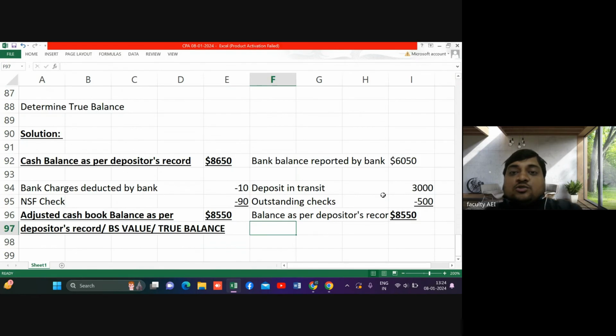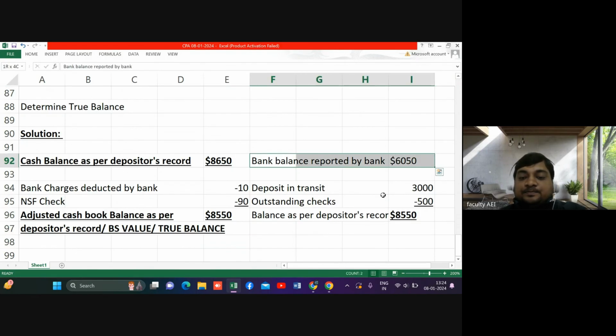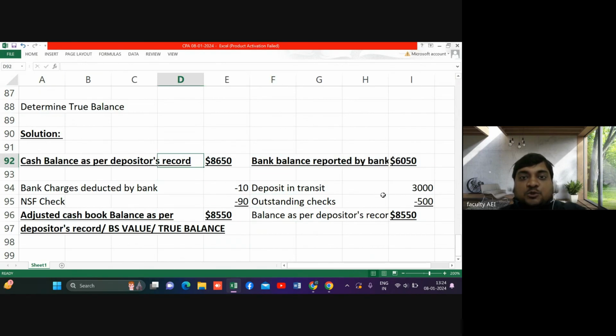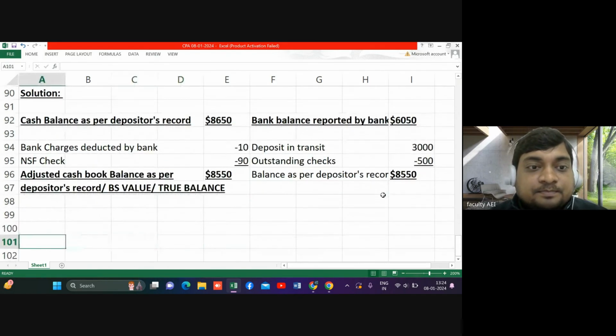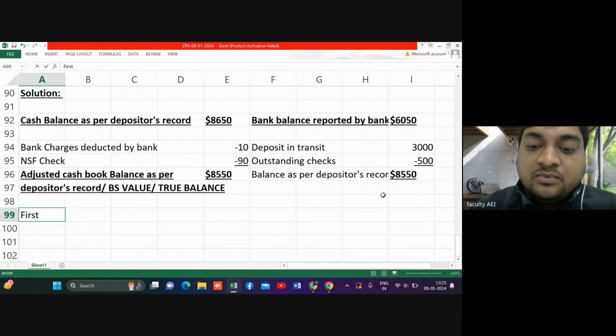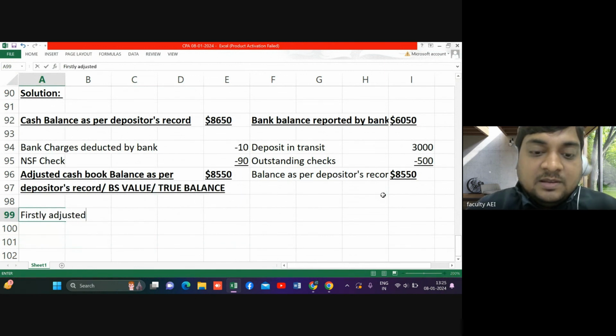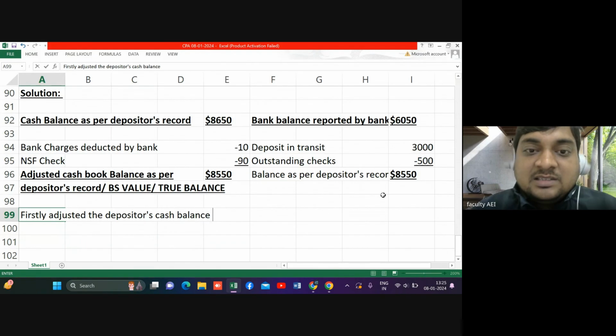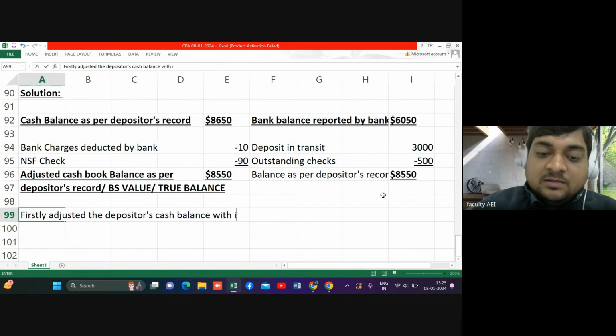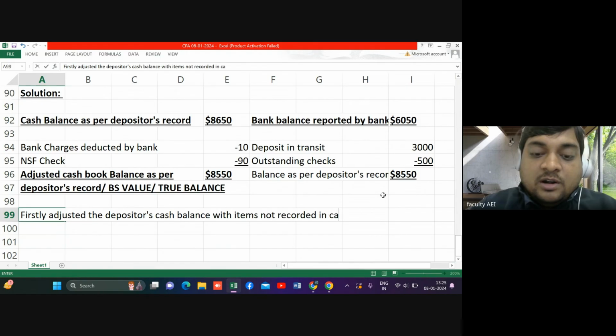So our first aim is to bring the balance to true balance. So what is the step? First, we adjust the depositor cash balance with items not recorded in cash book.